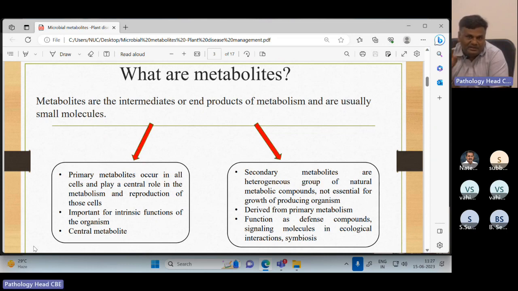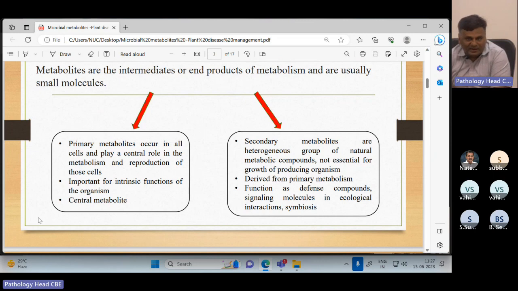They help the organism sustain unfavorable conditions, remove the competition, and make their own population dominant. These are helped by the metabolites which are produced by them, and these are called secondary metabolites.